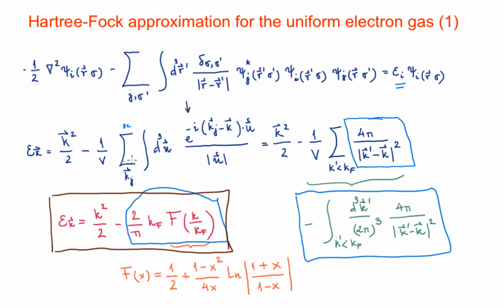Now this is the first step. The second step, which we'll analyze next, is the ground state energy within the Hartree-Fock approximation, which, because of this extra term, is going to be a bit different from the one in the free electron gas approximation.